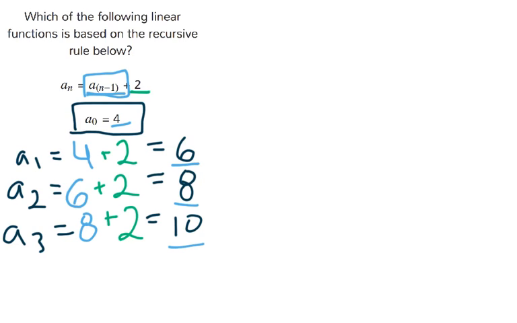Now we're going to write a linear function. Well, I know that a linear function follows the form of y equals mx plus b. So let's break this down and write our linear function. I know that y equals, okay, so for m, I know that m is talking about the slope.